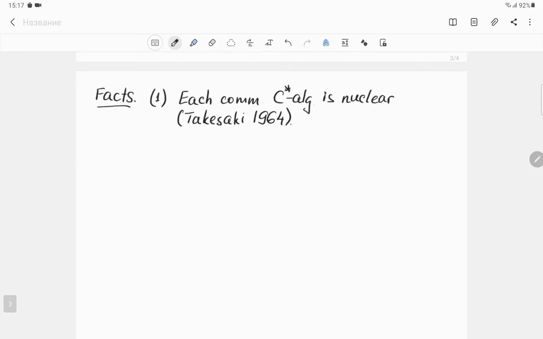This is not trivial, and the proof is not short. So I state this result without proof. And as for counterexamples, the first counterexample is also due to Takesaki, and it is the reduced C-star algebra of the free group of two generators. This algebra is not nuclear.